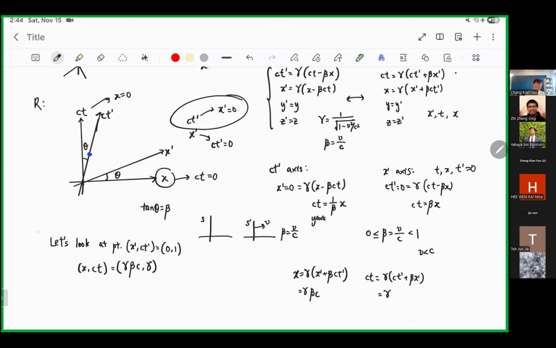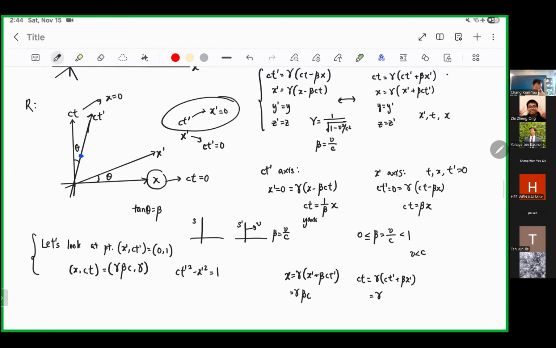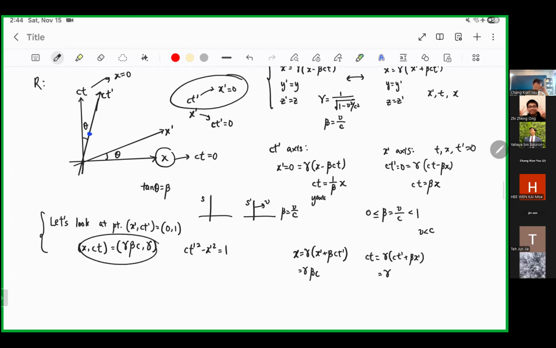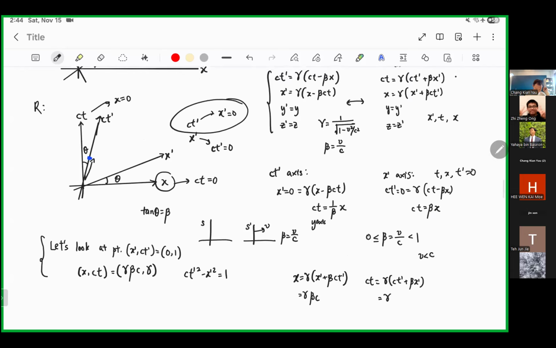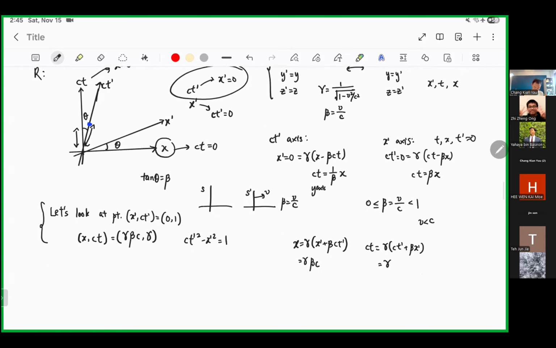What this means is, if you take the modulus squared, ct prime squared minus x prime squared, it's 1. But the modulus squared isn't the same here, so 1 unit here is not 1 unit here in ct. It kind of gets stretched out.